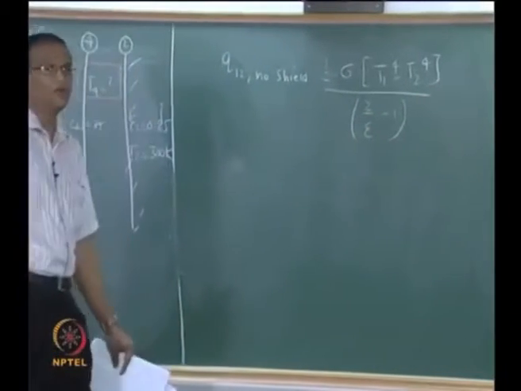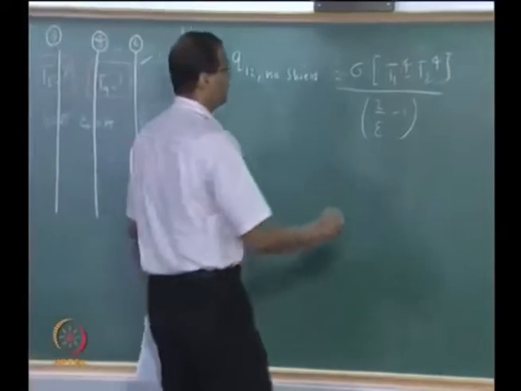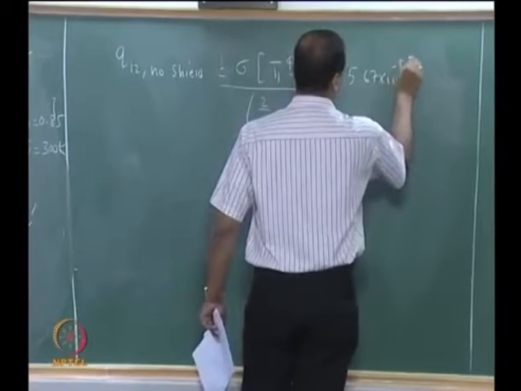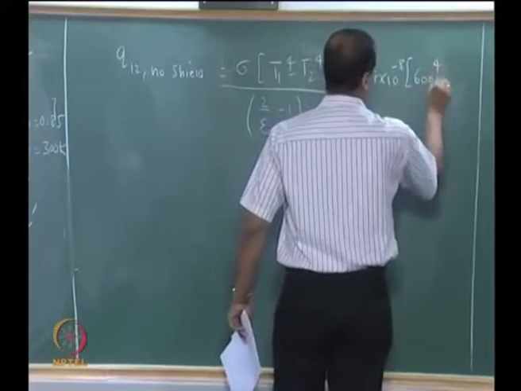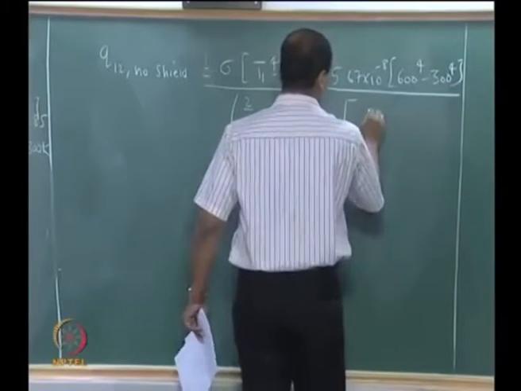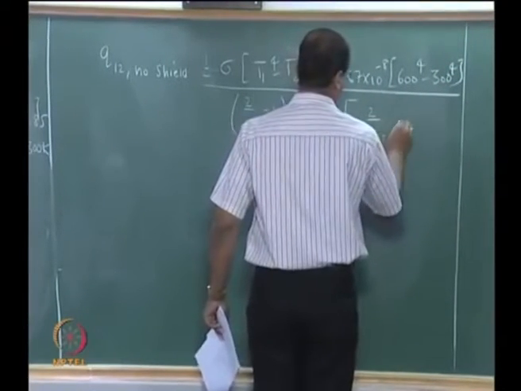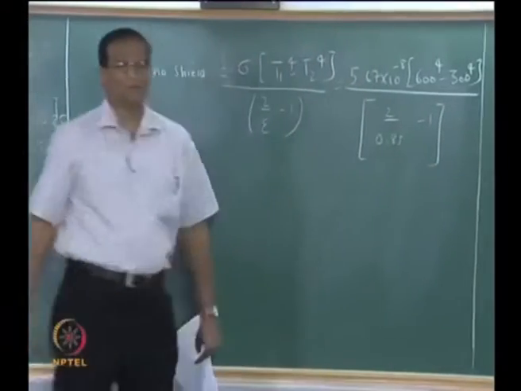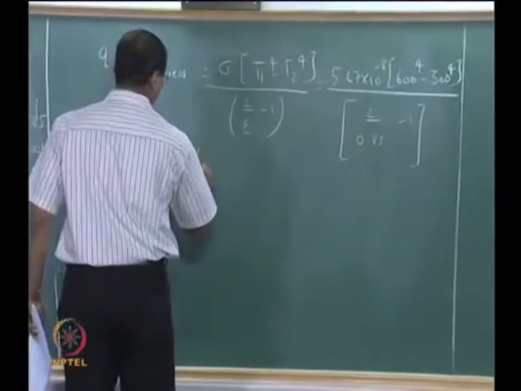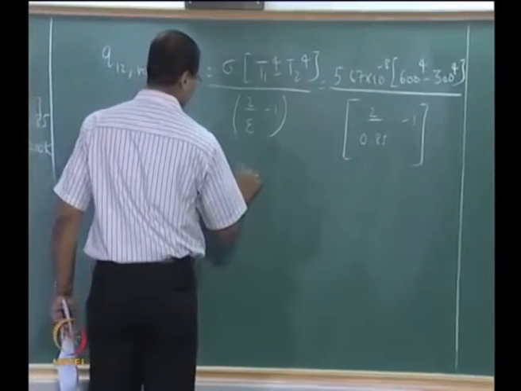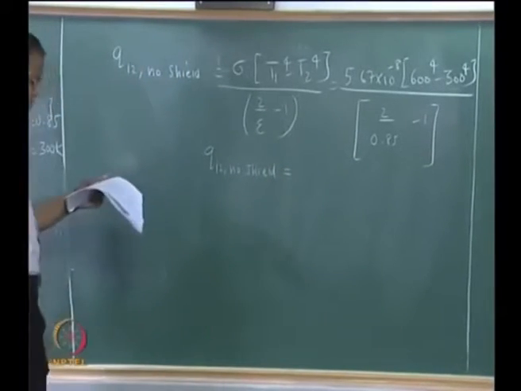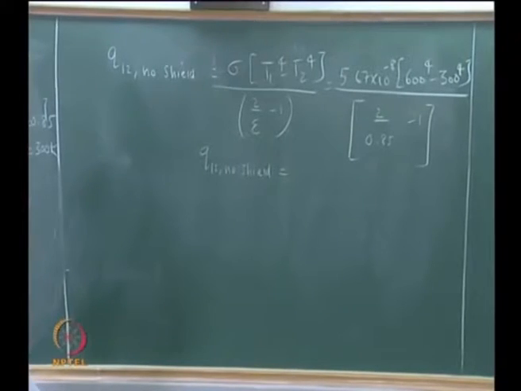Okay. First we will write the Q12 no shield. 5091.9.